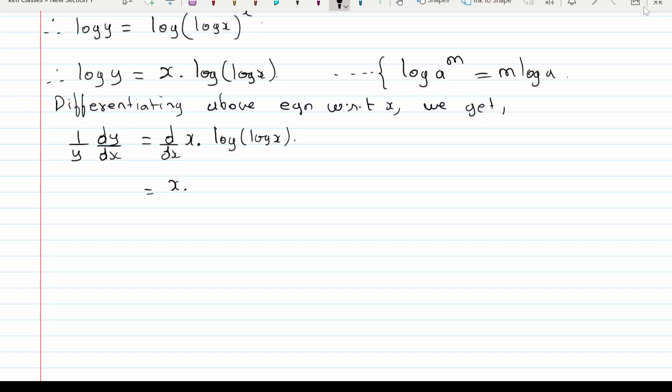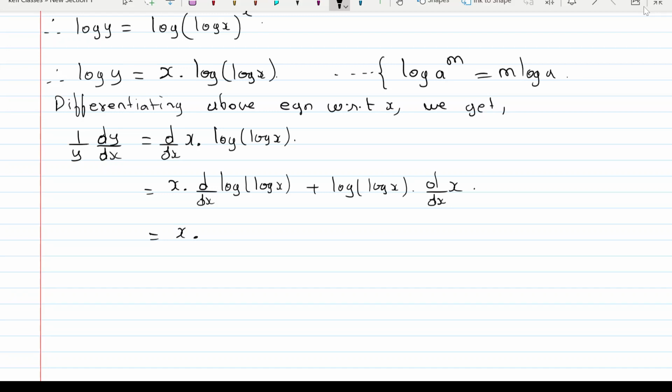So it is x into d by dx of log x plus log of log x into d by dx of x. Which is equal to x into, now d by dx of log x.